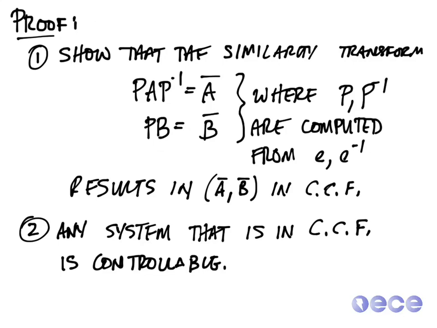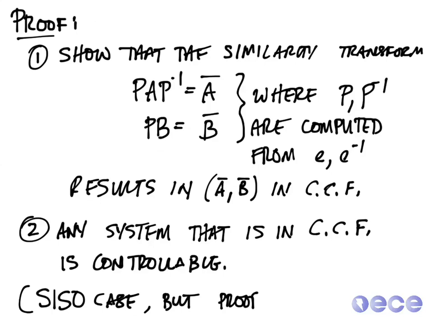Here we're going to use a single input, single output case for simplicity, but the proof can be shown in general. All right, with this case, let's start with step one of our proof.